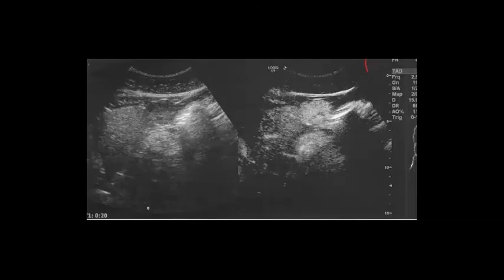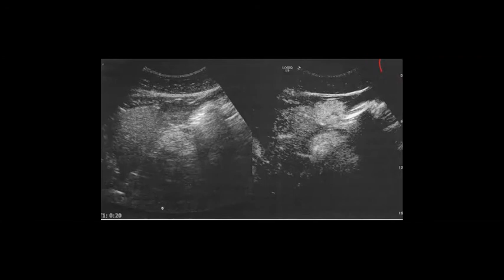I think we have to take this as the last case, then we shift to another type of questions. If this patient comes to you with an ultrasound of the liver, as you see, how do you describe it? Liver, yes, left lobe lesion, focal lesion in the liver.